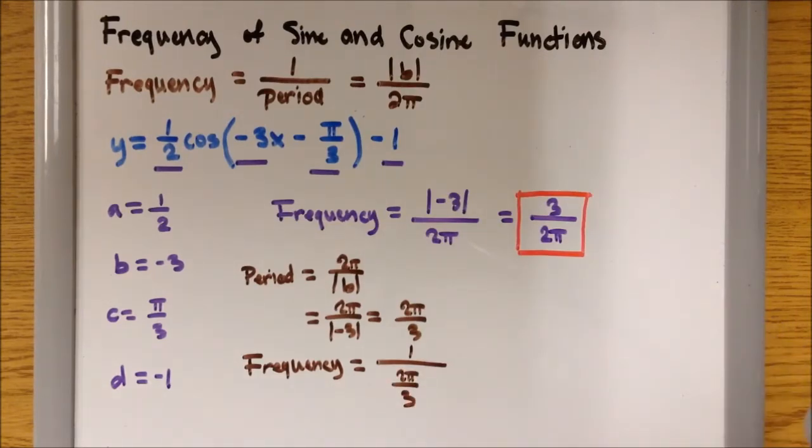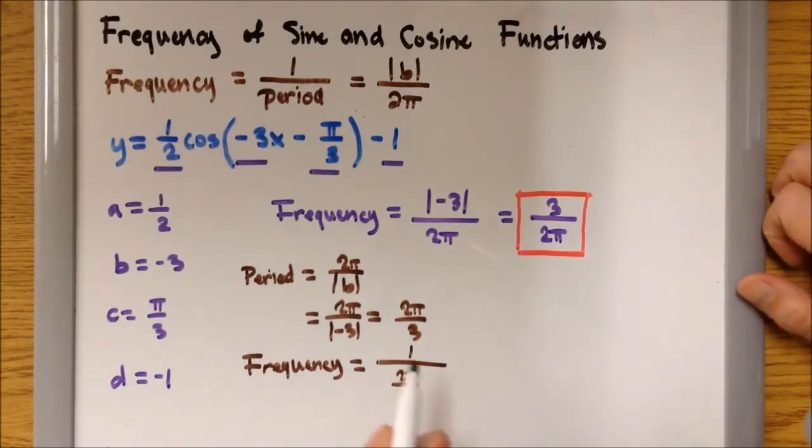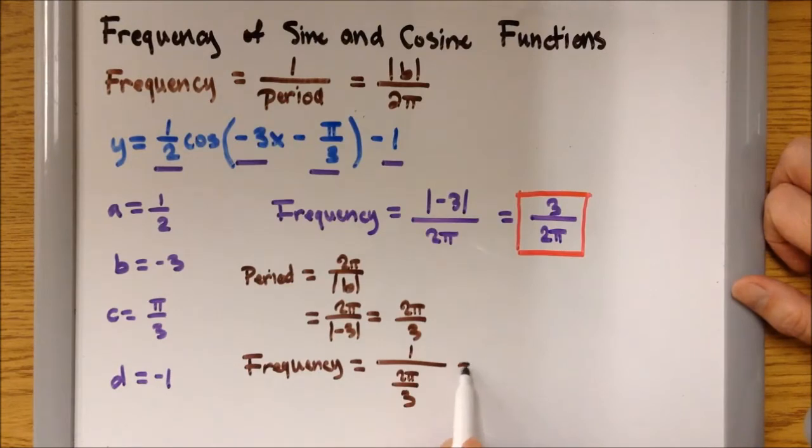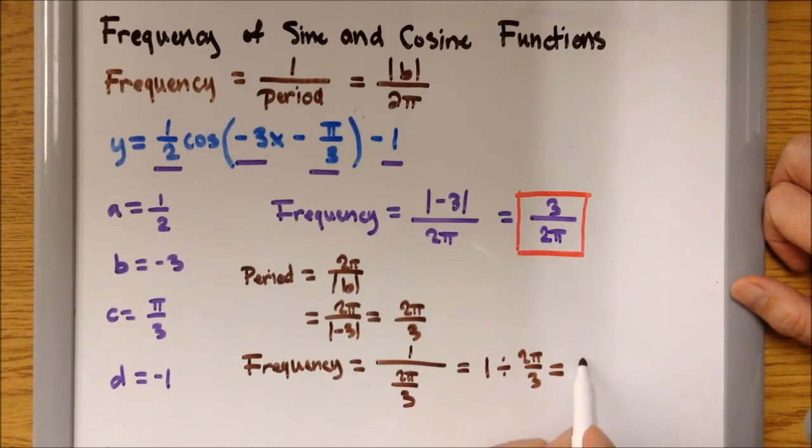So just like before, when you're dividing with fractions, I'm going to rewrite it as a division problem. So 1 divided by 2 pi over 3, it can be rewritten as 1 times 3 over 2 pi, which is 3 over 2 pi.